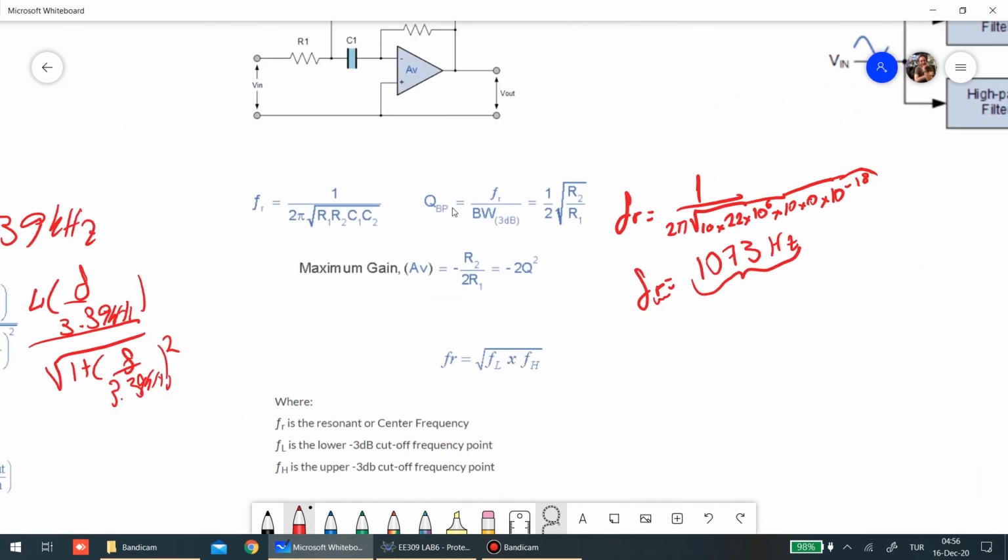This Q stands for the quality factor of the bandpass filter. A smaller bandwidth will make the quality bigger. Let us determine the lower cutoff frequency from the Bode plot.